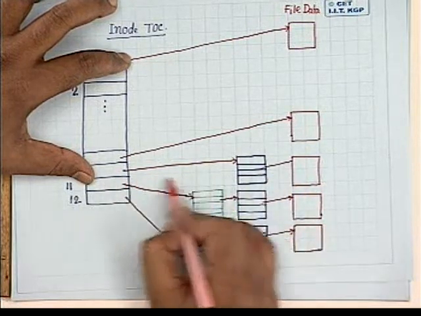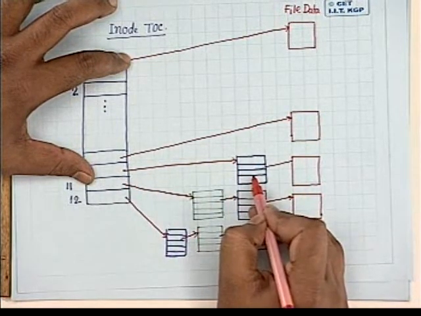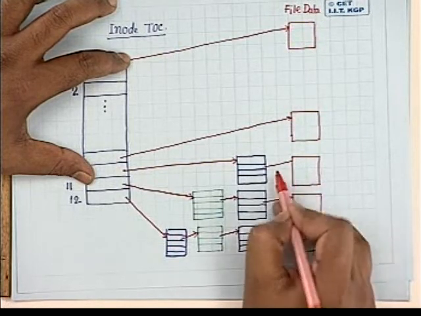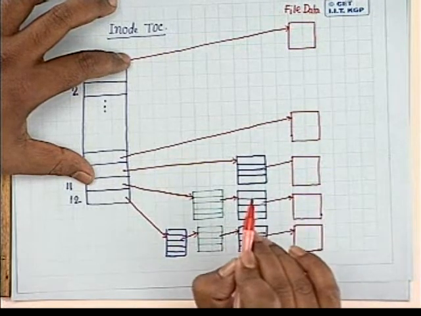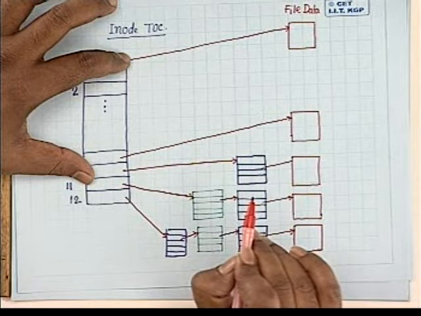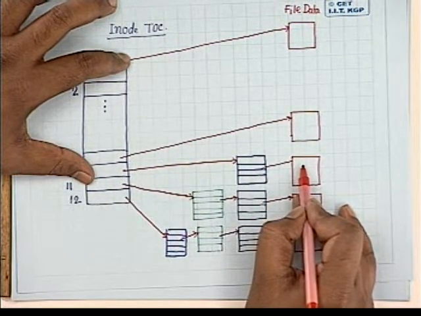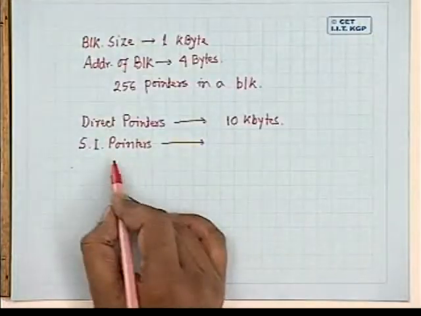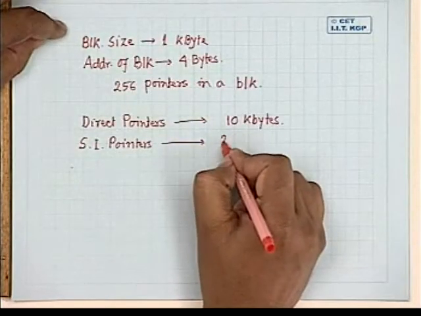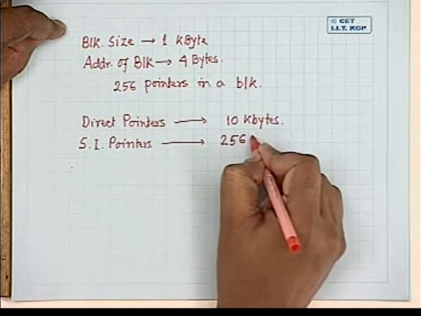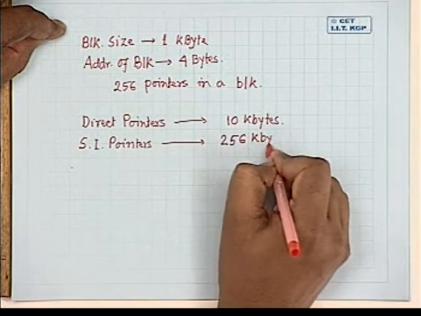Okay. So following the single indirect pointers, I can access 256 kilobytes of file data, because through this I can access 256 data blocks.